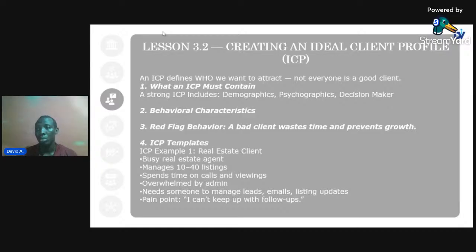Number three thing that you should also look out for is clients that don't respect boundaries. My team, we don't work weekends. It's simple. As much as there is a lot of work to do, one step at a time. We don't work weekends.